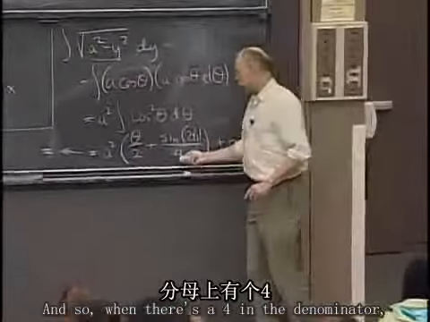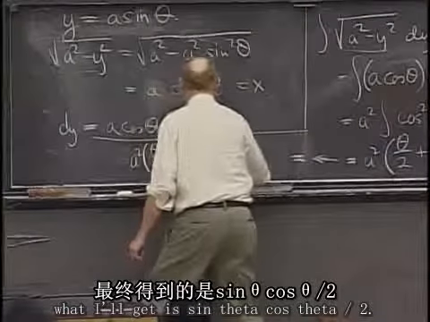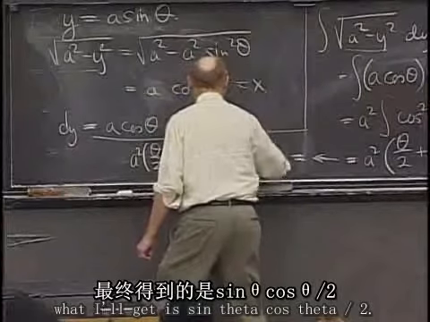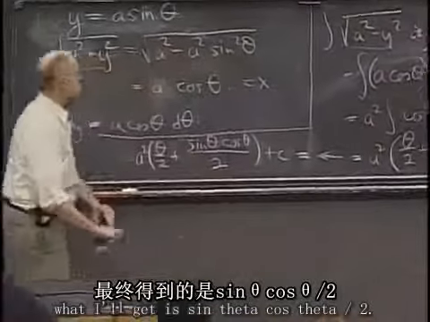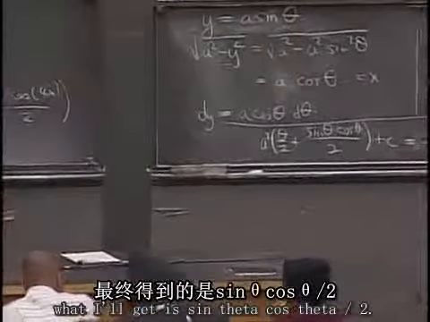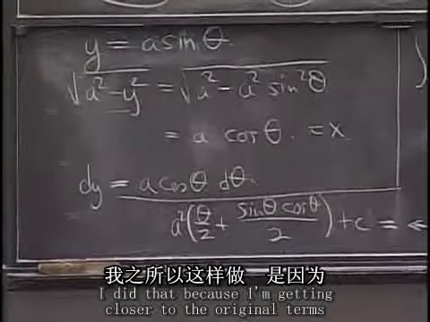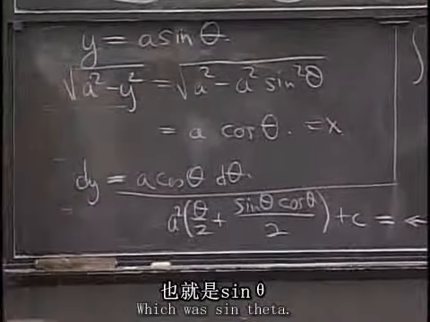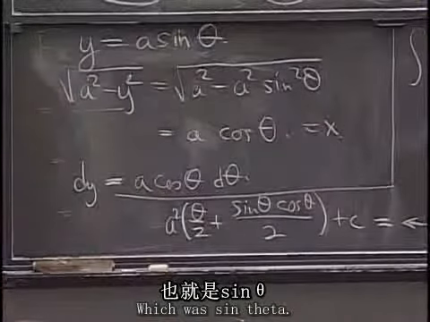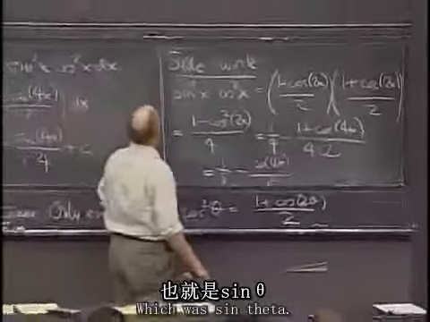And so when there's a 4 in the denominator, what I'll get is sine of theta cosine of theta over 2. I did that because I'm getting closer to the original terms that the problem started with, which was sine of theta. Okay.